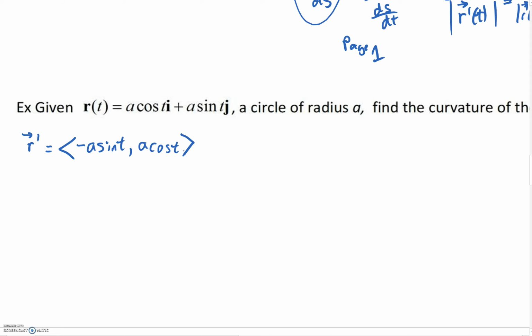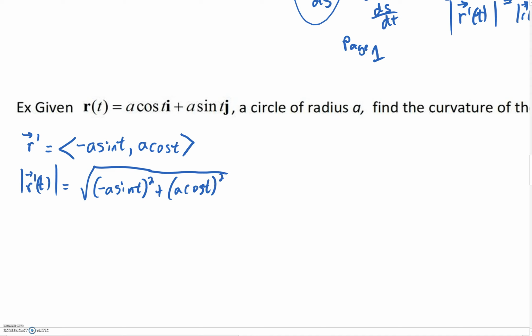And at this point, I'd like to find the length of this. You can see from our kappa formula that we just wrote, that's something that we're going to need to do. Might as well do it right now. And as we're looking at this, I hope you can see very clearly that this is a squared sine squared plus a squared cosine squared.